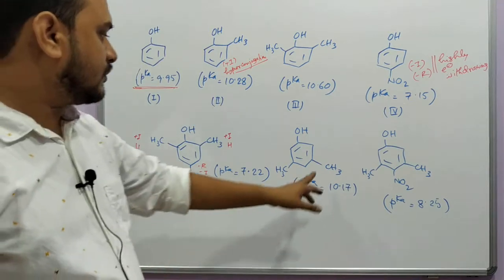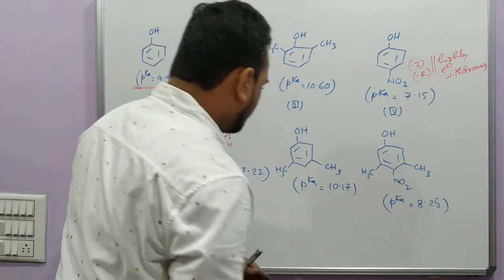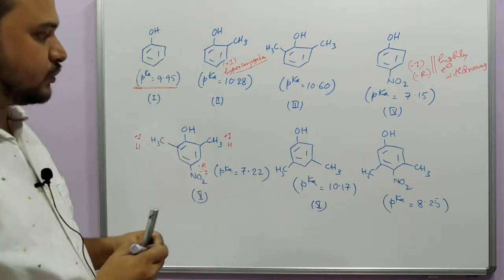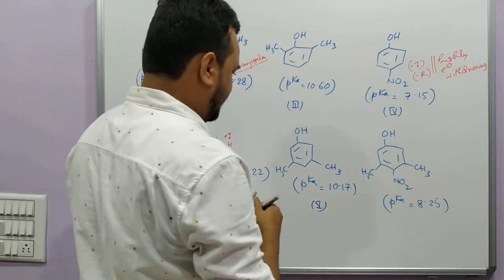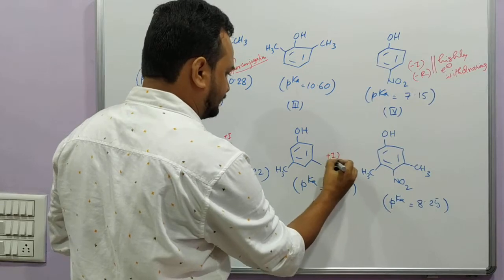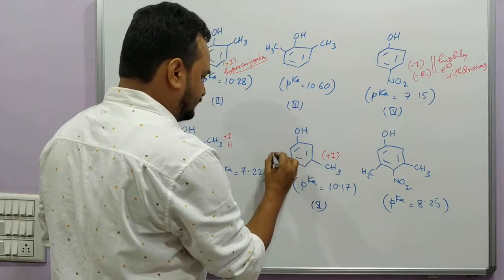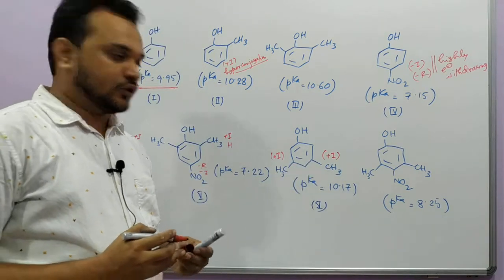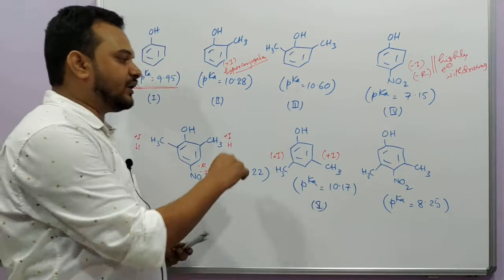Now come to compound number 5. In compound number 5, there is no nitro group, only two methyl groups. So again we have the plus I effect for both of them, but these two methyl groups are at meta position. So from meta position, methyl group cannot exert hyperconjugation.